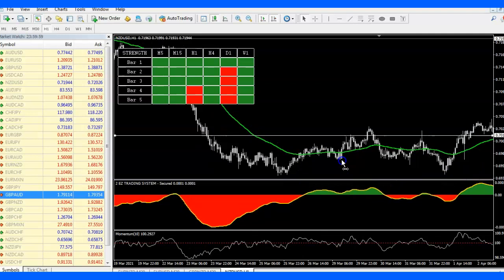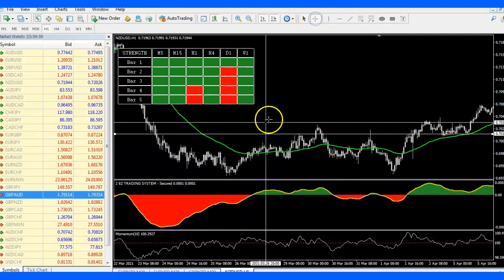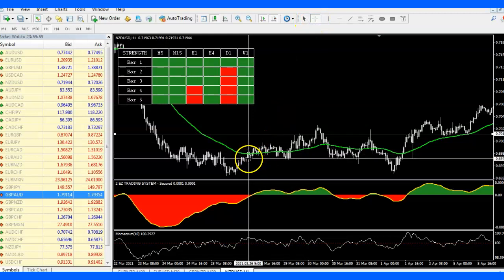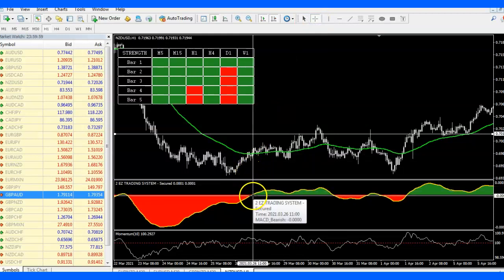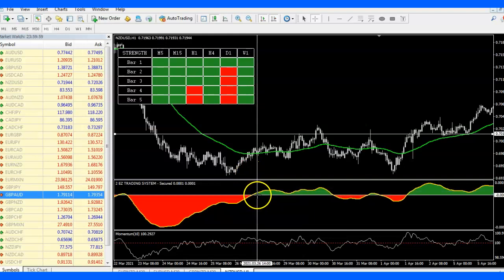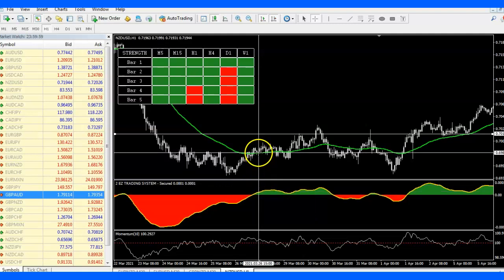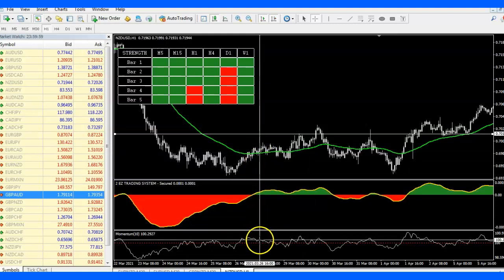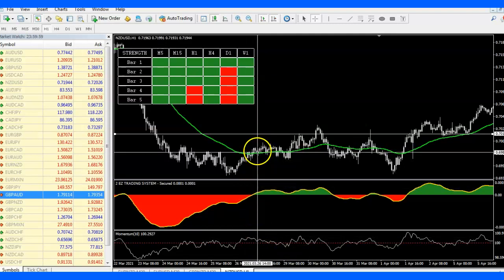Yes. And what you do at that moment is say, okay, you have a cross, for example, of the 50, and at the same time, you want to make sure that you're above the 0 line right here in the MACD, which is green, crossed, and also the momentum is above the 100 line on the bottom. That's your entrance, right?